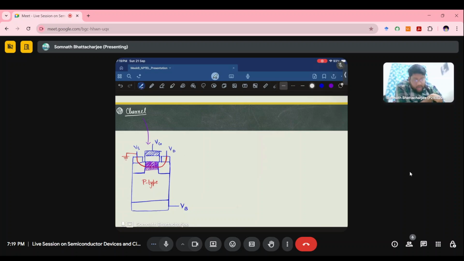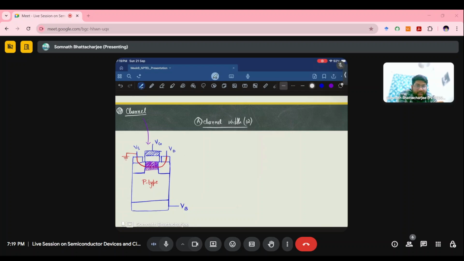Now we need to understand some basic parameters regarding this channel, like the different dimensions of a channel. The first parameter we need to know is the channel width, W. What is the channel width? We are drawing it in a 2D format, but it's really a 3D structure.